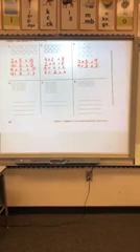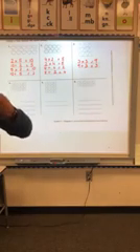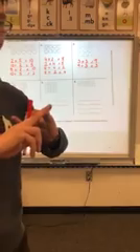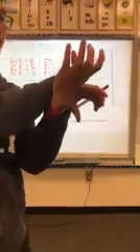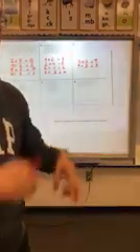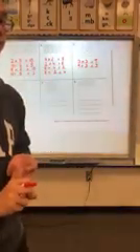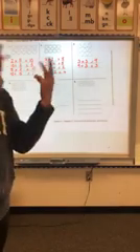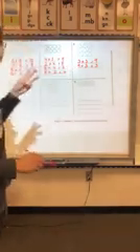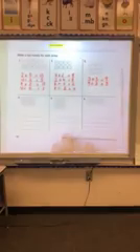And then do 2 multiplication sentences. You do 1 and you switch the order of the numbers. And do 2 division sentences, and use the same 3 numbers. That's called a fact family.